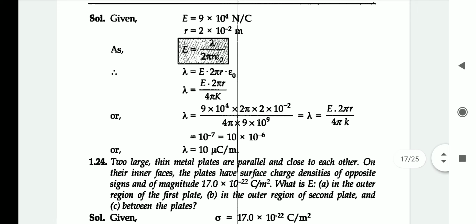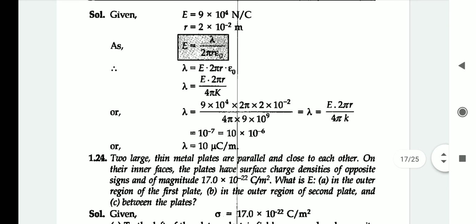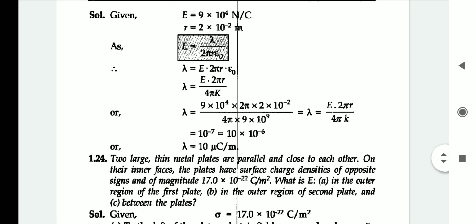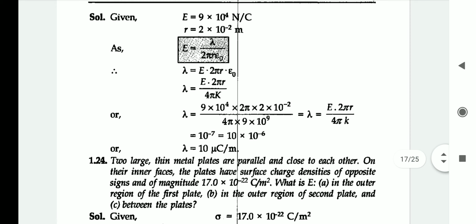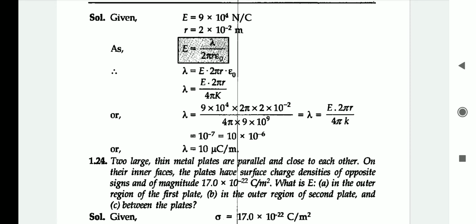Now beta, you all know that when we are having two parallel plates which have the same charge density but opposite signs, then the electric field outside the plates is 0 and the electric field between the plates is sigma upon epsilon naught. So here in case of A, in the outer region of the first plate E will be equal to 0.